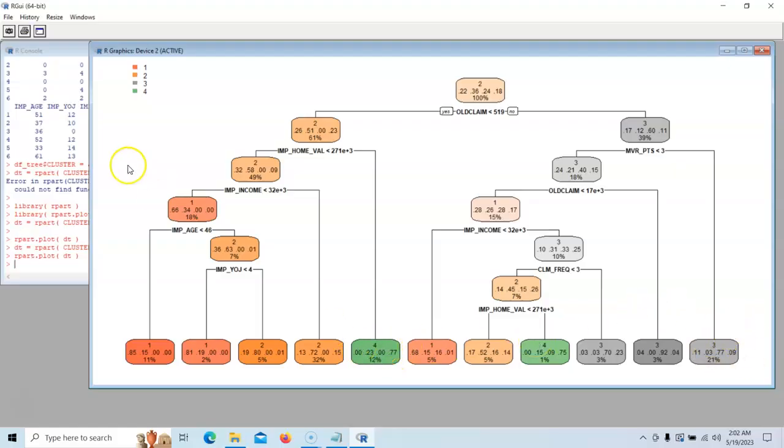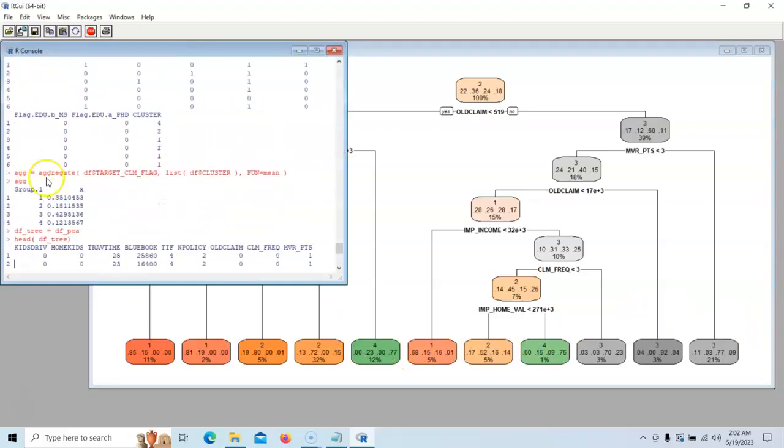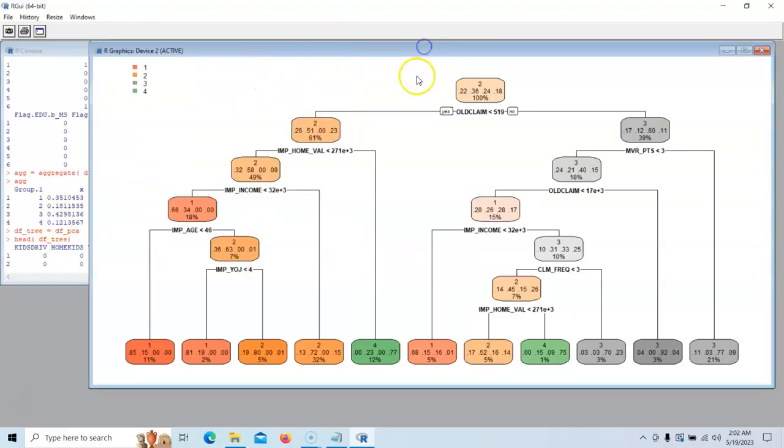What about cluster 4? Remember, 4 was considered to be pretty safe. How can we describe him? Let's find out. He ends up over here. This guy did get into an accident because he's on this side of the tree, but he doesn't speed, and it wasn't an expensive accident, and he's got a lot of money because his income is pretty high, and he hasn't crashed his car very much, and he's got an expensive car or an expensive home.